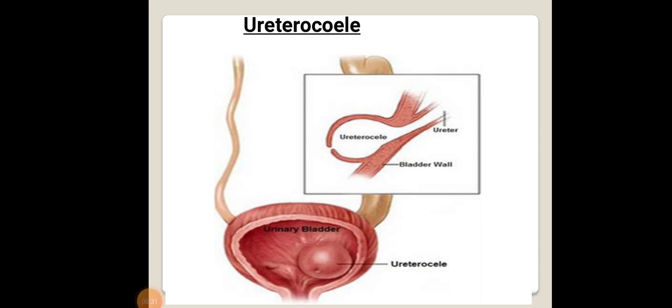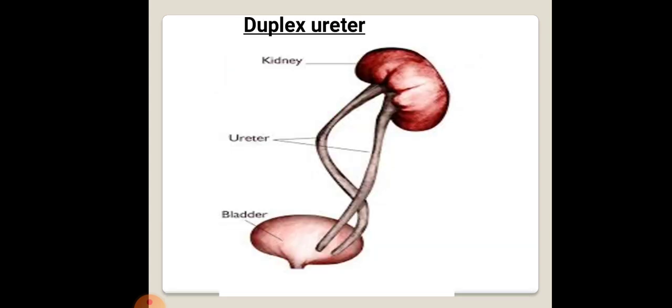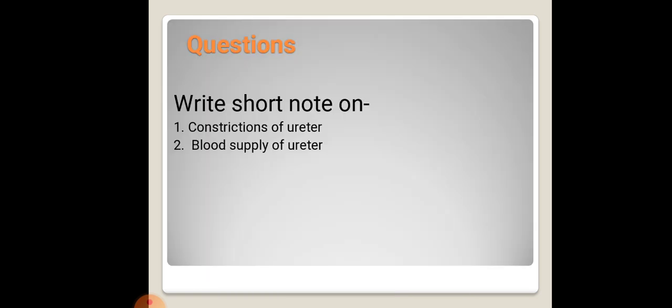Ureterocele means a small cavity-like structure, a ballooning of the lower end of the ureter at the opening of the ureter into the trigone of the bladder. Then next is the duplex ureter. Duplex means if there is a double ureter present on one side, then this is known as duplex ureter.